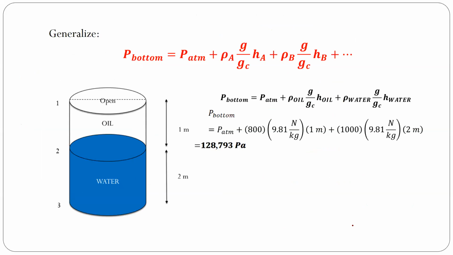Or we can generalize a formula for that particular tank problem with layers of fluids. If you want to compute the bottom pressure, you can use this: the atmospheric pressure, when it is open to the atmosphere, plus density of fluid A times g times height of fluid A, plus density of fluid B times g times height of fluid B, and so on and so forth.